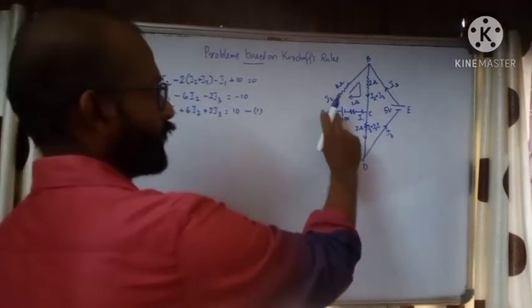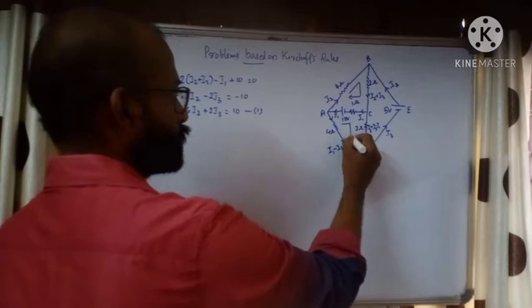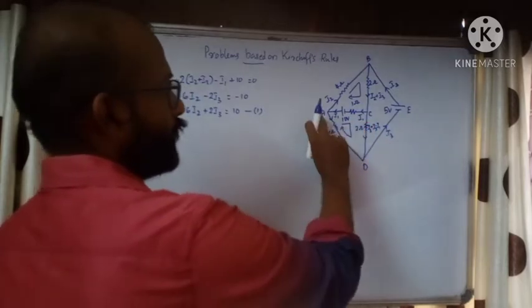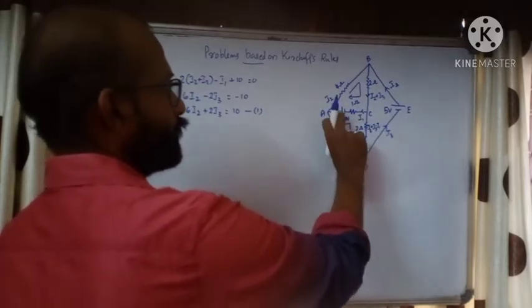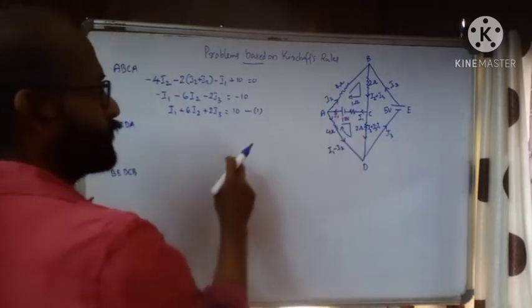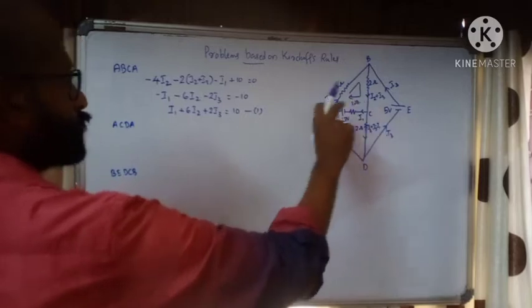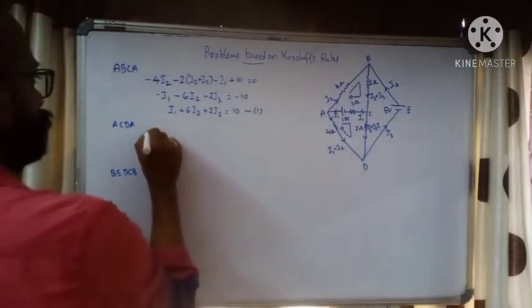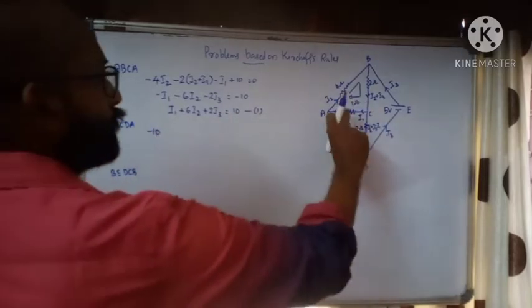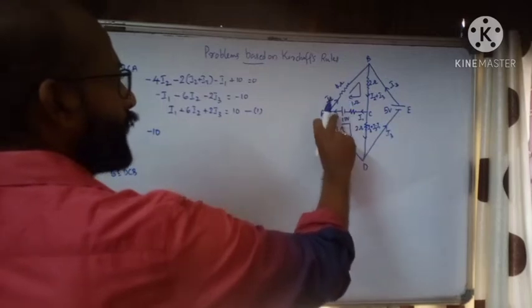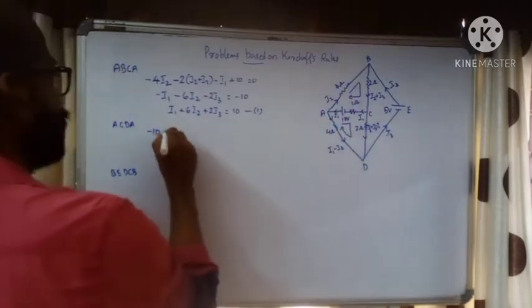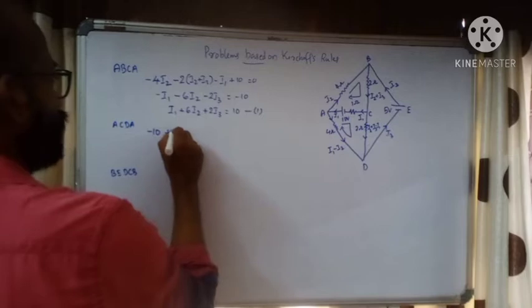Now we use the second loop, A, C, D, A. In this loop we start clockwise. From A to C we have a cell, going from positive to negative, so we take minus 10 volt. Then we traverse through this resistor against the current flow, so we take positive I1.